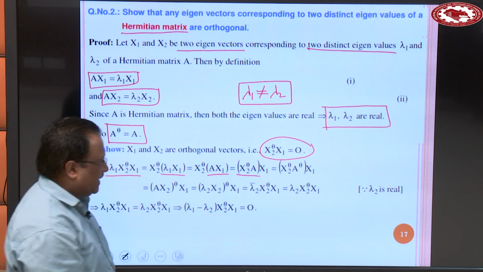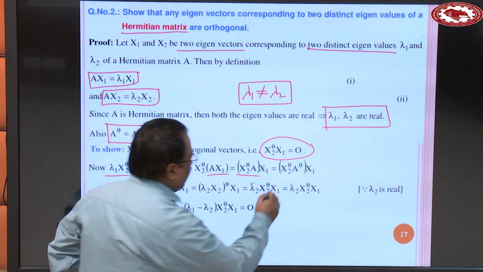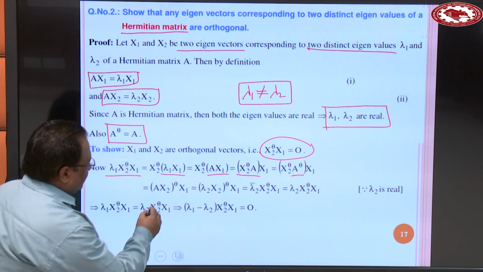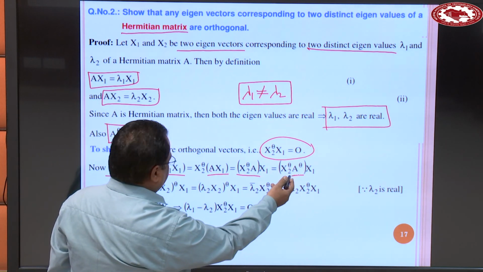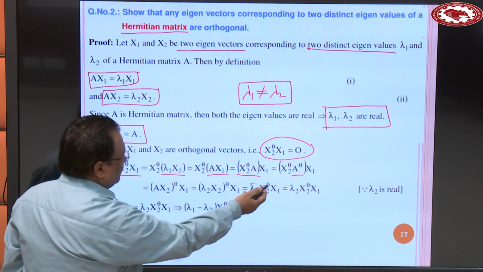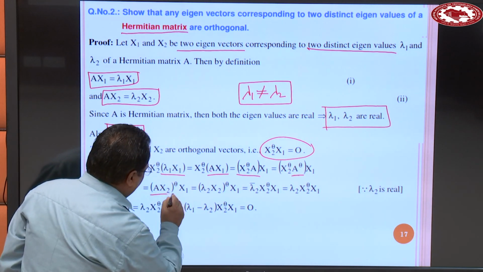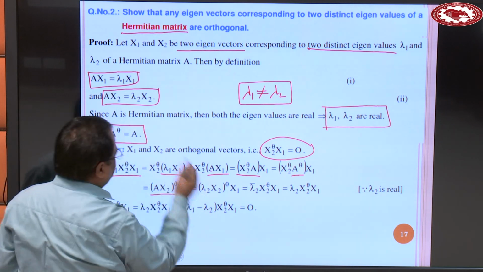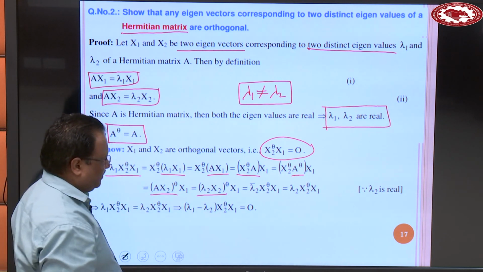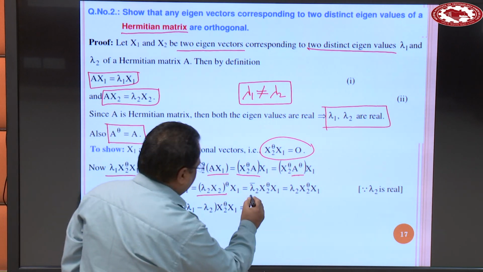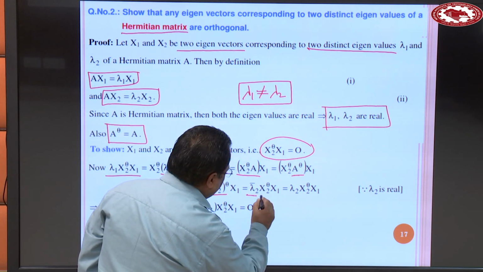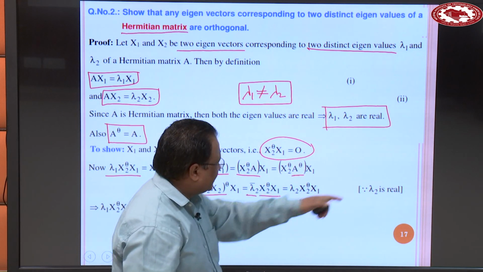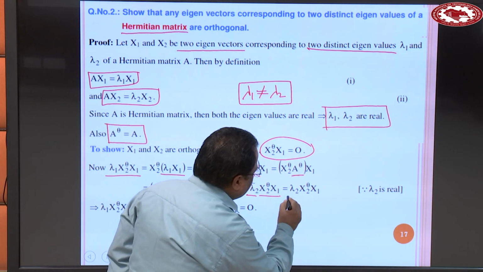x2 theta A x1, but A theta is A, clear? So A theta is A, or in other words we can write A x2 theta x1, and A x2 is lambda 2 x2, and lambda 2 x2 theta x1 we can write as lambda 2 bar x2 theta x1, and lambda 2 is real, so this means lambda 2 bar is lambda 2.